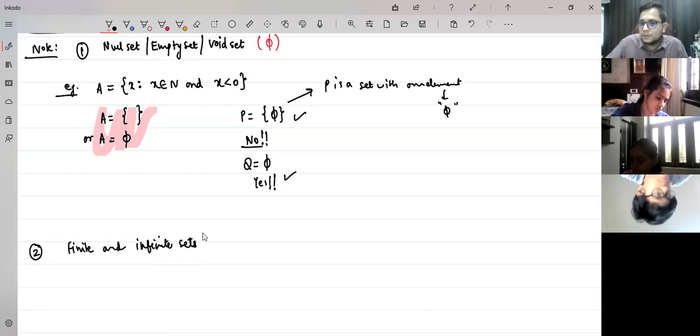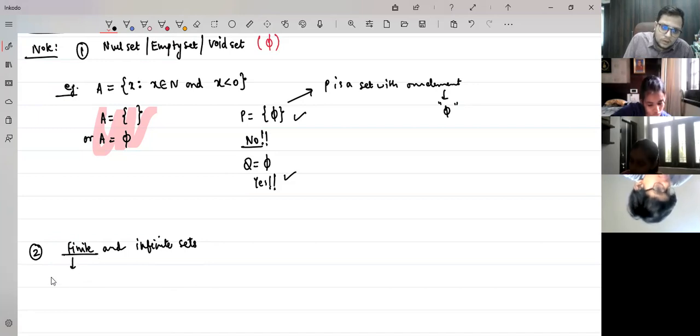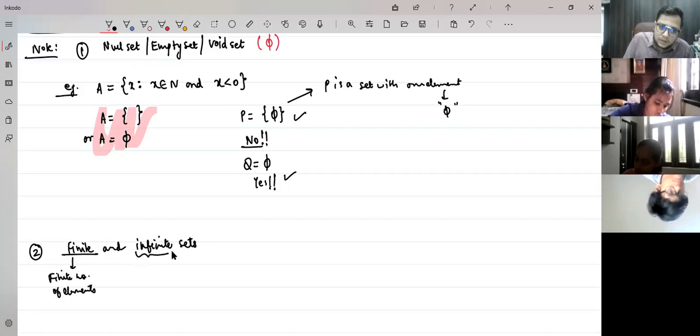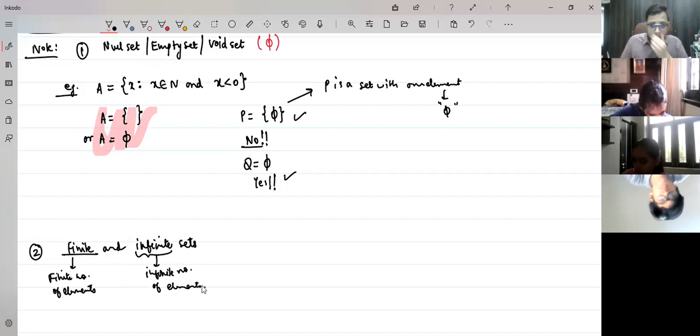Clear? I'm not giving you the definitions of it. If you want to write it on your own: finite number of elements, infinite number of elements.